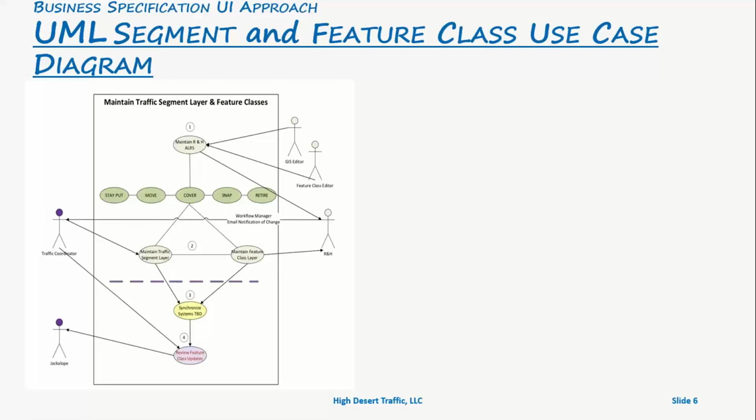So they've been included in here, but I would say not critical. Everything above the line is your activity with Roads and Highways. Everything below is with Jackalope.